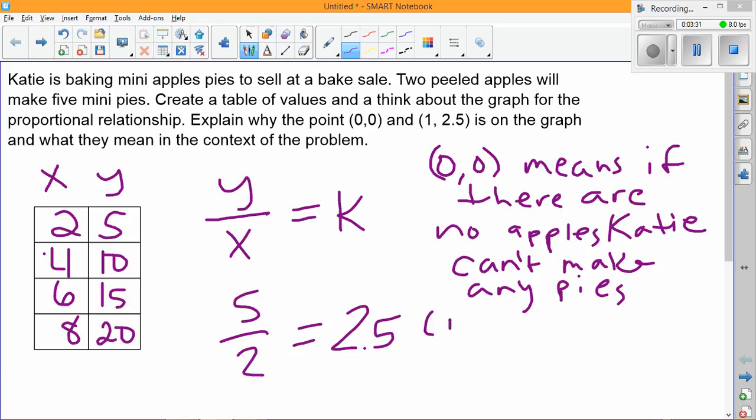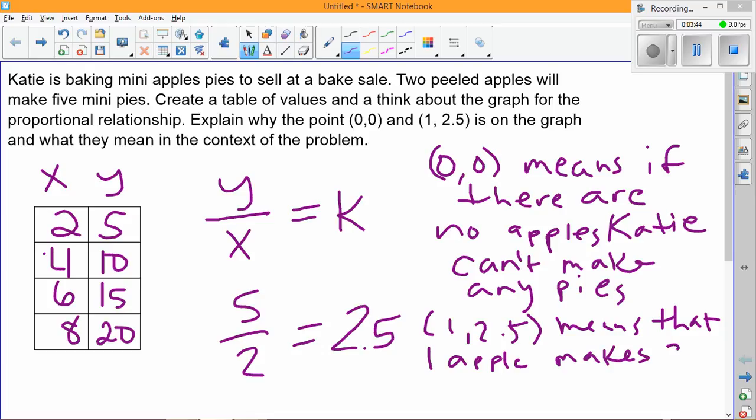And 1, 2.5 means that 1 apple makes 2.5 pies.